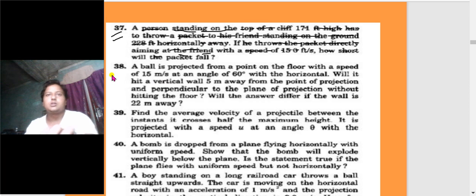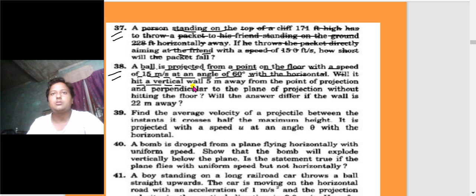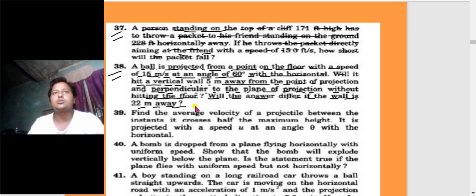Now in question number 38, a ball is projected from a point on the floor with a speed 15 meter per second at an angle 60. Will it hit a vertical board 5 meter away from the point of projection and perpendicular to the plane of projection without hitting the floor? Will the answer differ if the board is 22 meter away?